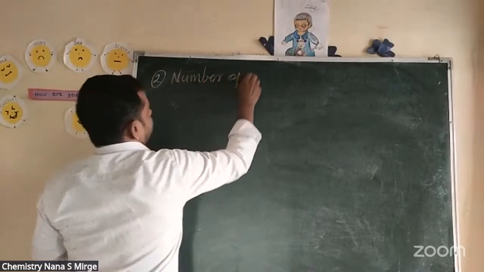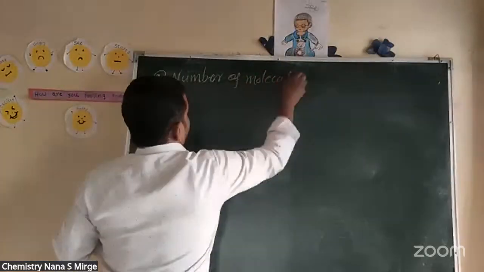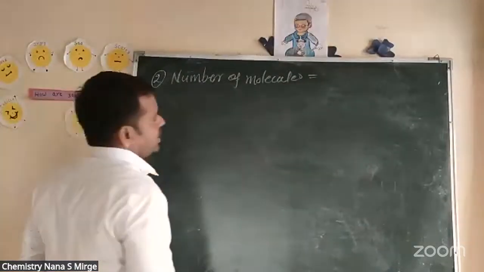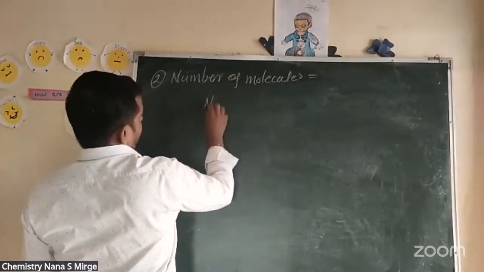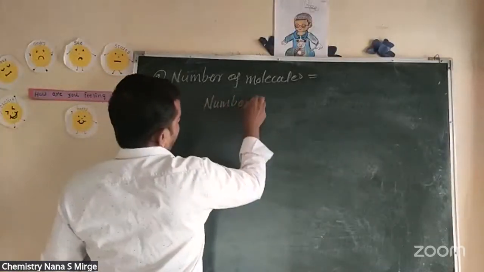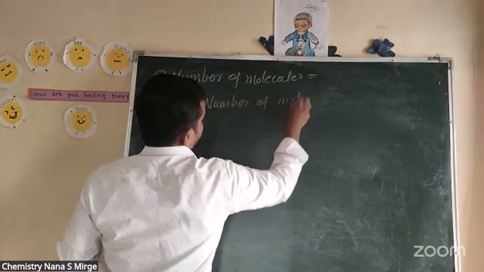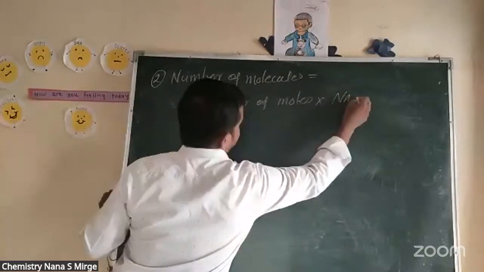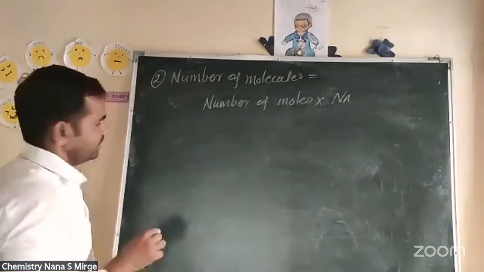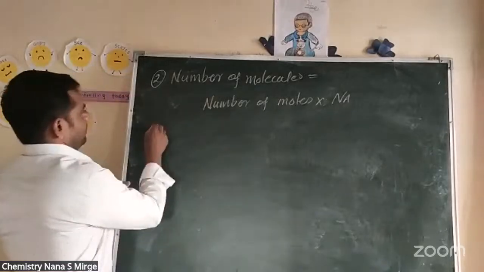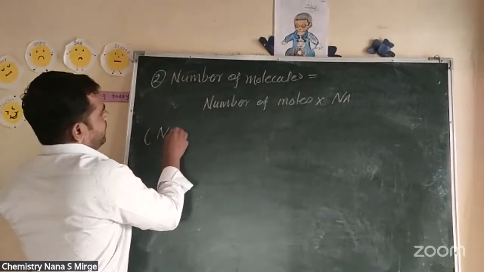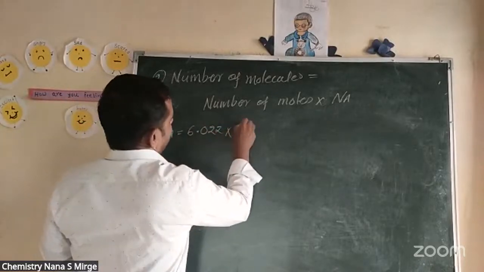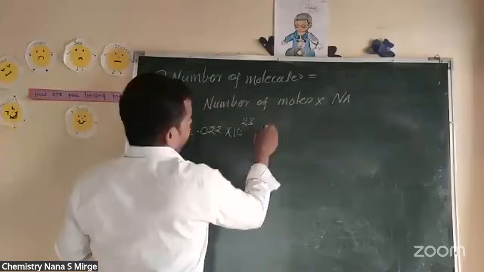Number of molecules is equal to number of moles into Avogadro's number, N_A. And what is the value of N_A? N_A is equal to 6.022 into 10 raised to power 23 particles.